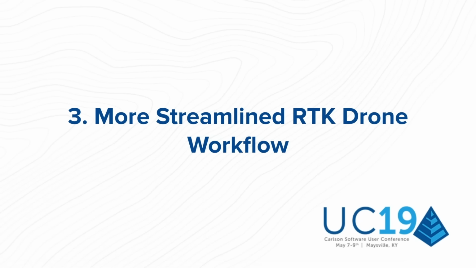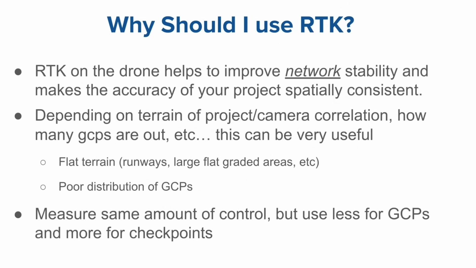All right, the next thing in the new features is a more streamlined RTK drone workflow. I'm going to talk about this today mainly. But just a couple of quick examples of why you might consider using RTK. RTK on the drone really helps to improve the network stability and the overall accuracy of your project.